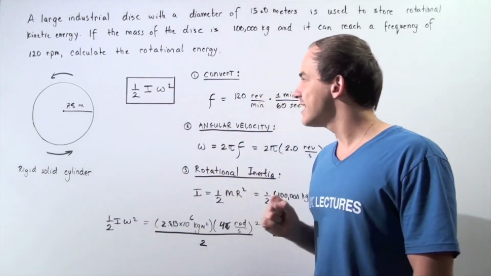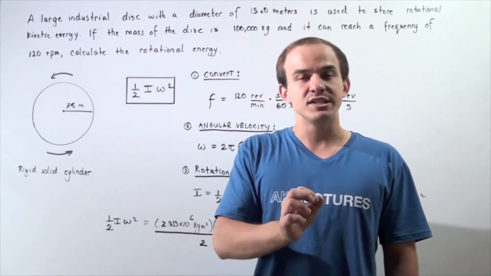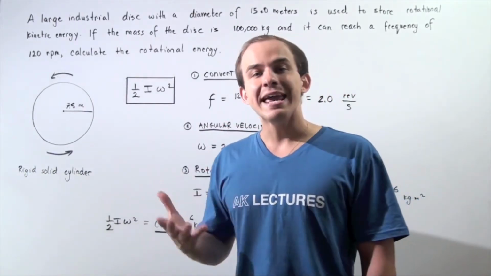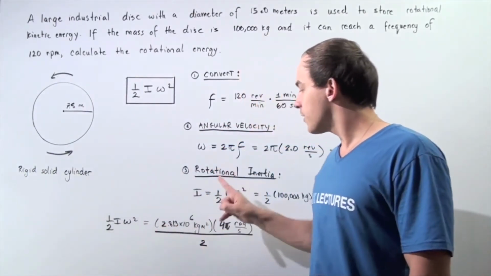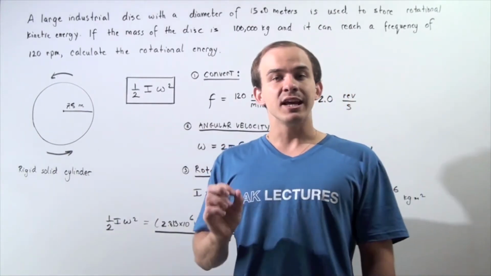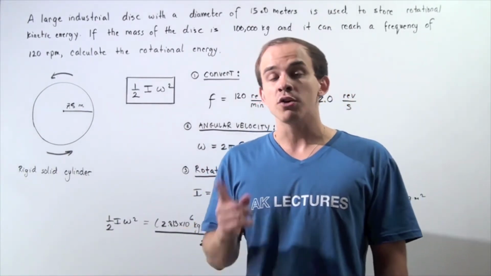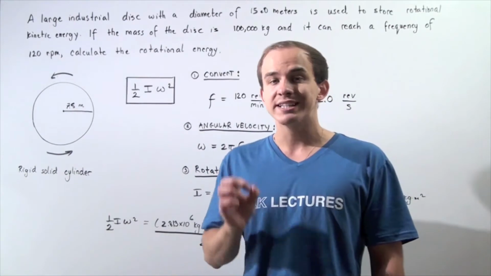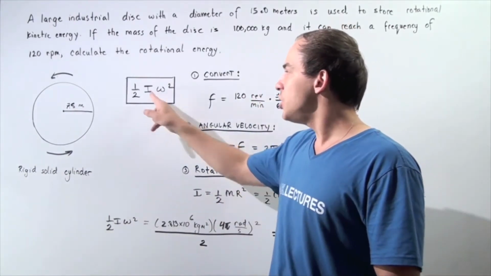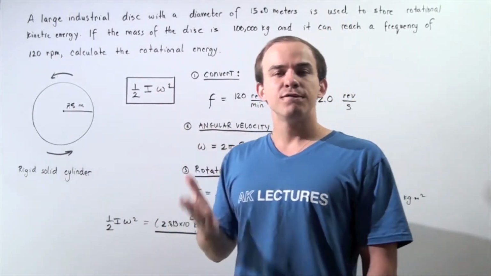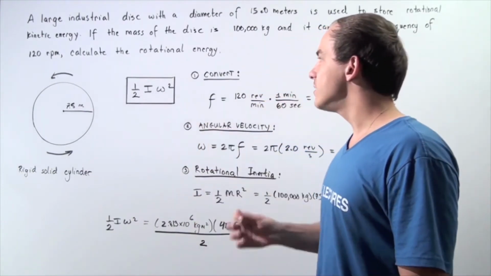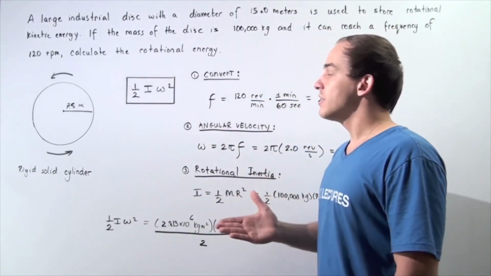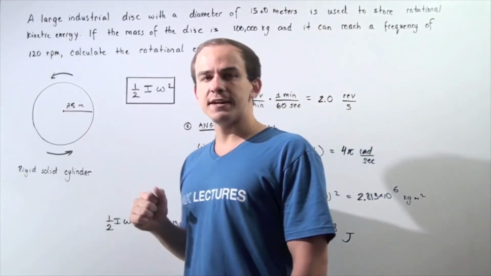Then in the second step, we can use the frequency to calculate the angular velocity. In the third step, we calculate the rotational inertia or the moment of inertia of the object. And in the final step, we use this equation to solve for the kinetic energy of the object that is rotating about a fixed axis.